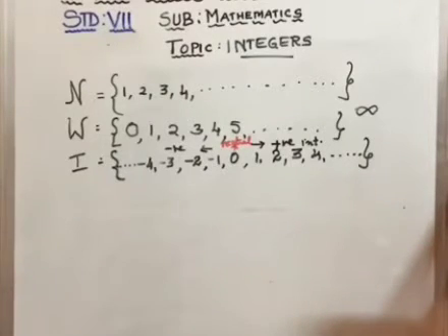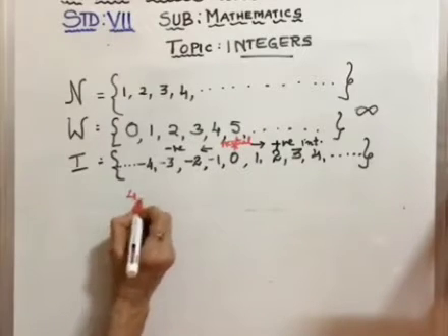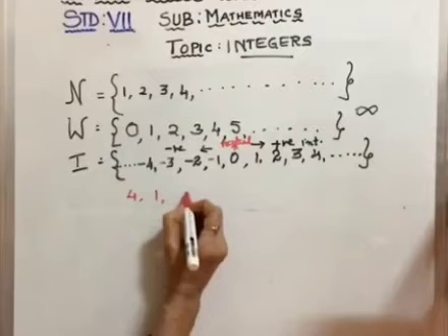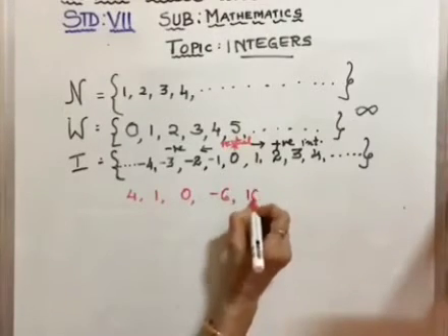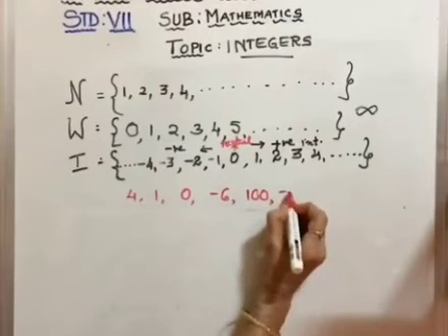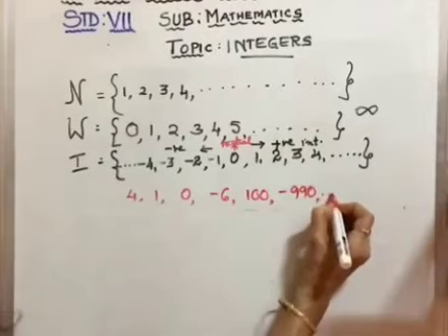The integers, that is 4, 1, 0, negative 6, 100, negative 990, and so on.